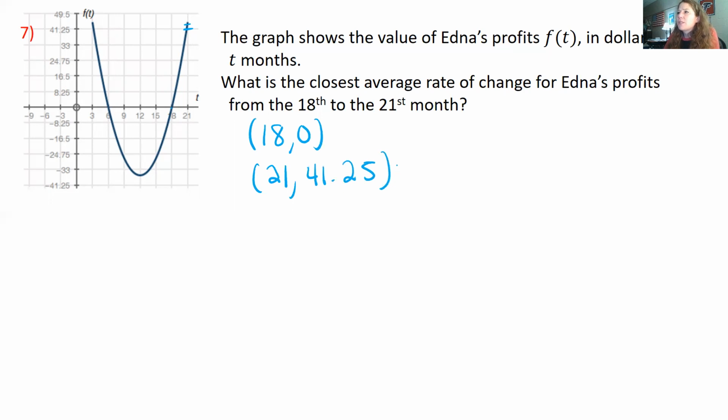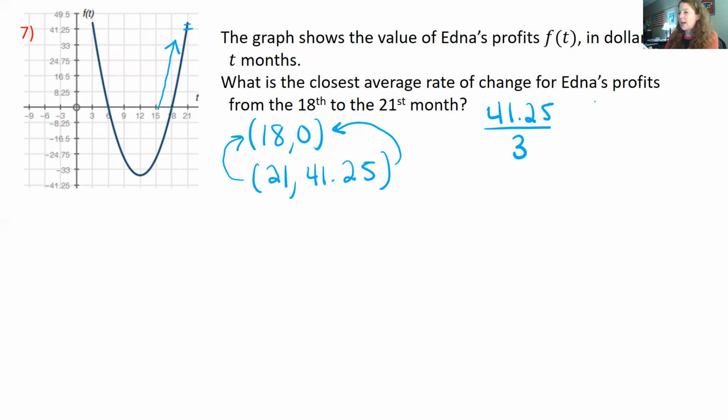All right, so this is where we do y2 minus y1 over x2 minus x1. Now think about it for a second. Between these two values, is our rate increasing or decreasing? It's going up, isn't it? So that means we should end up with a positive slope. So 41.25 minus 0 is 41.25, and 21 minus 18 is 3.